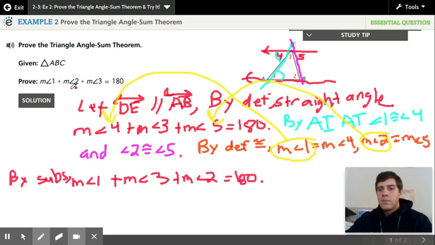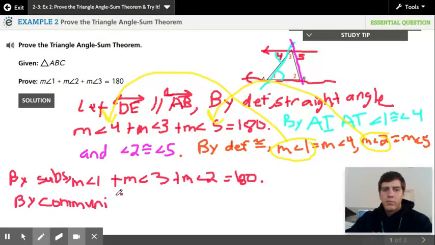For me, that's good enough. Obviously, you can rearrange these, but if we want to add that last step, we would say by the commutative property of addition. I'm pretty sure it's commutative.